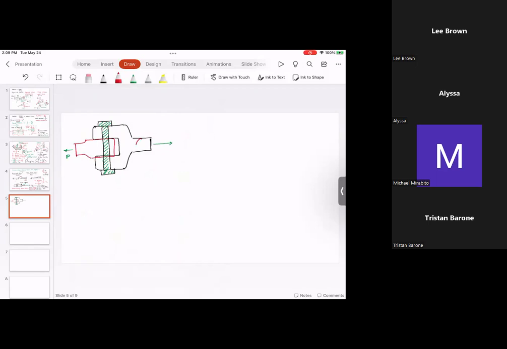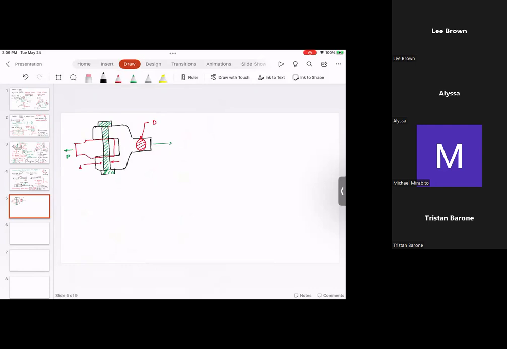Here, the cross-sectional area is circular. So this diameter is capital D, and the diameter of the pin is small d.